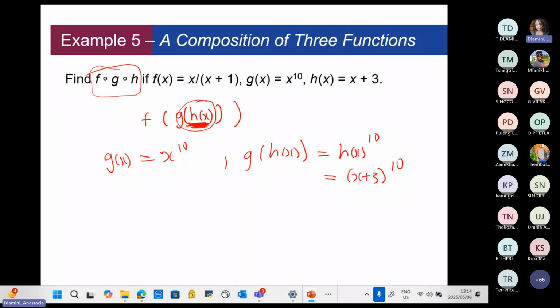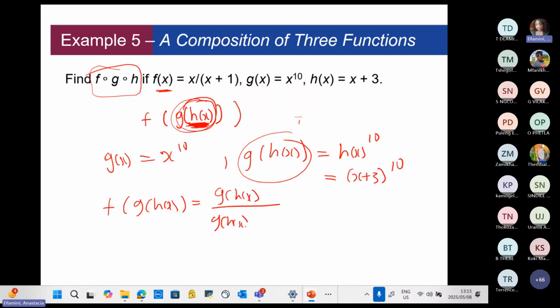Do you see that? Yes. Now this is that inside, so we need to take it and put it where? Inside of F. So then f of g of h of x is equal to g of h of x over g of h of x plus 1.